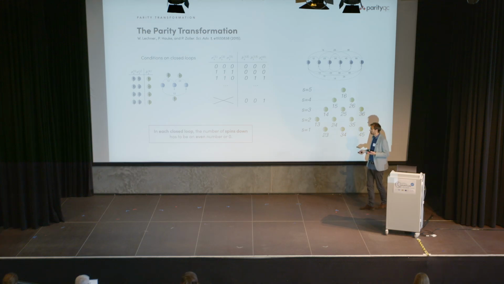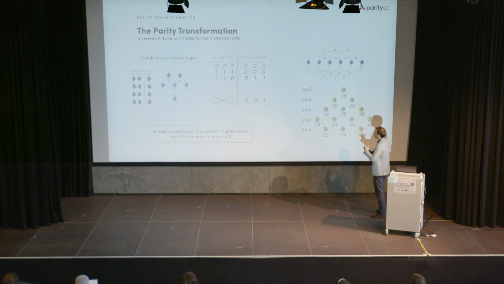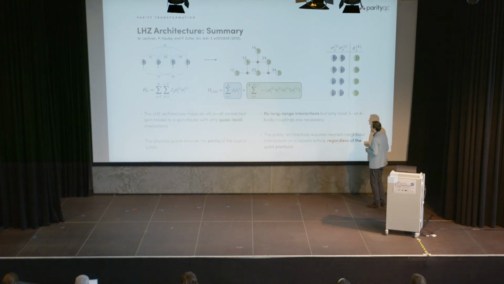So people that come from a lattice gauge background identify this as a lattice gauge model, where you have a fixed boundary on one side and two open boundaries on this side, and you get this triangle. So this was the original parity transformation, which is already a few years old now, 10 years old.